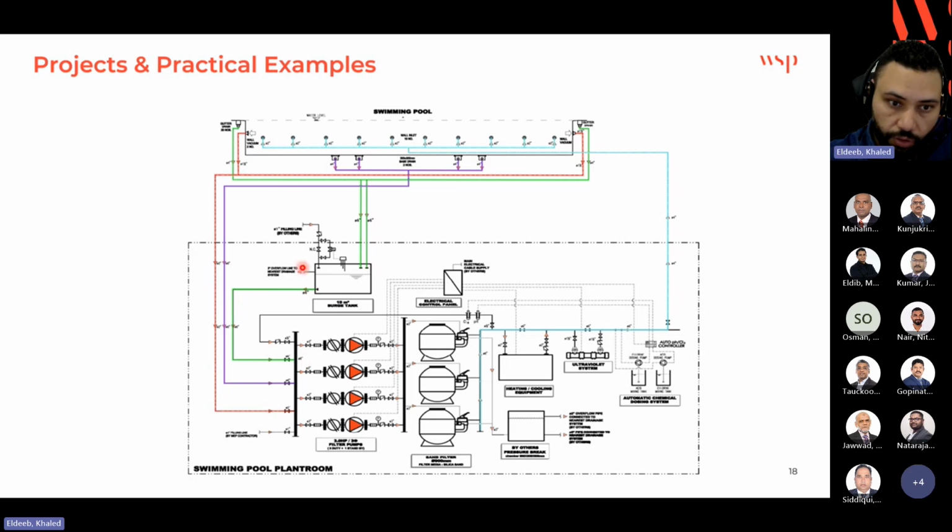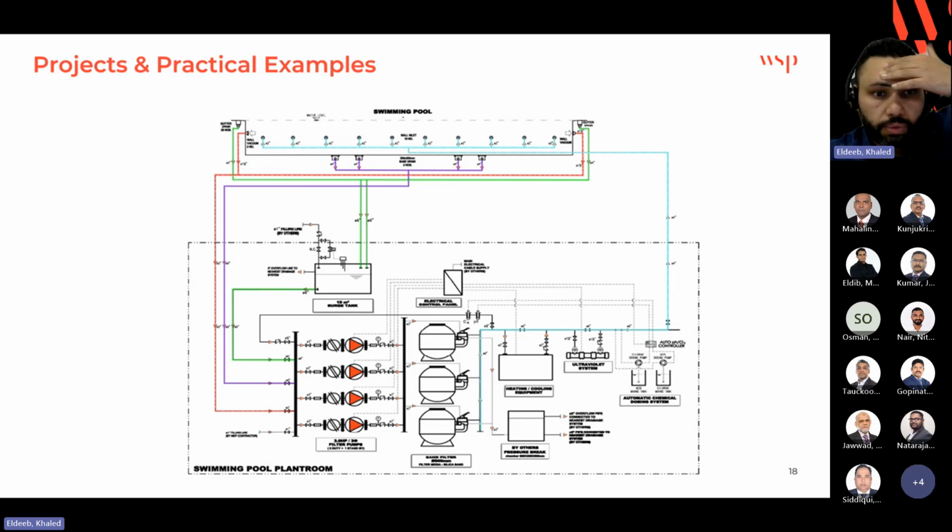This is very important, because usually this pipe is at a level lower than the pool level, so the possibility of the water making a shortcut from here to here is very high. You know what I mean? If the pump stops, the water could make a shortcut and overflow from here. So we need to provide a non-return valve here to ensure the flow is in one direction only.